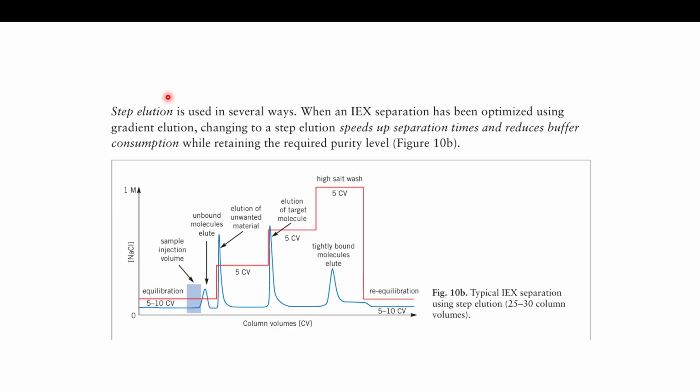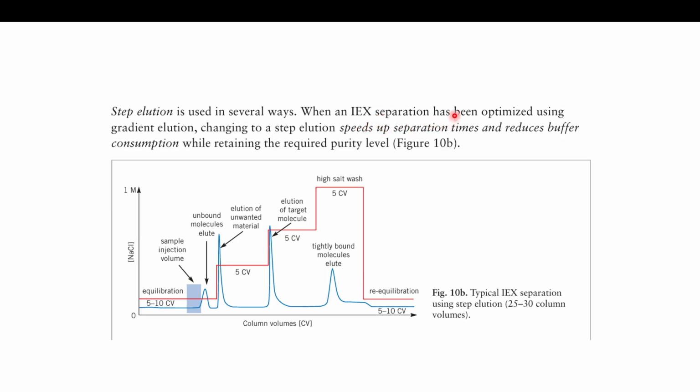Now you already have optimized this condition, so in the next rounds of purification of your protein, what you can do is directly put in 500 millimolar KCl salt and elute out your protein of interest, okay.